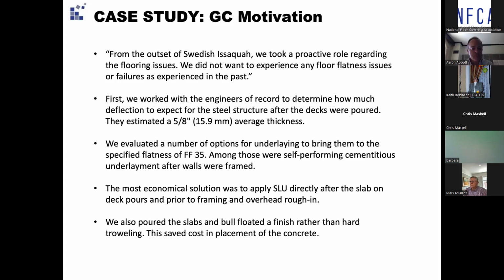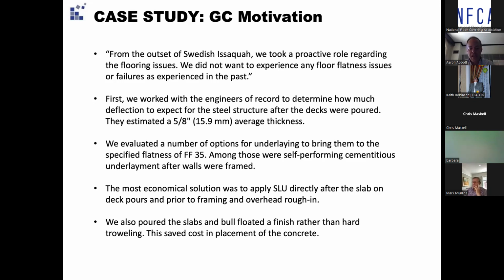Sellen said they evaluated a number of options for underlayment to bring them to the specified flatness of FF35. Among those was self-performing cementitious underlayment after the walls were framed, but in this particular case, the most economical solution was to apply the self-leveler soon after the slab on the deck was poured and prior to framing and the overhead roughing.